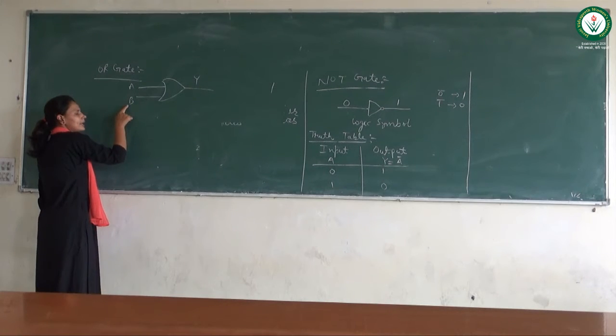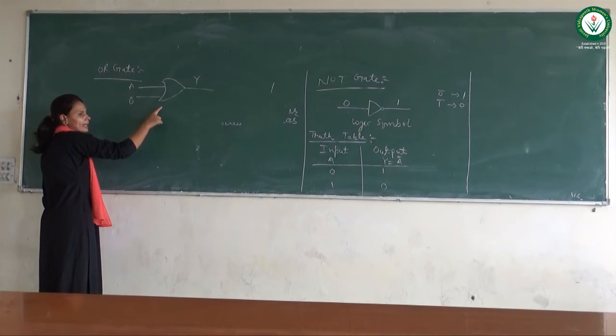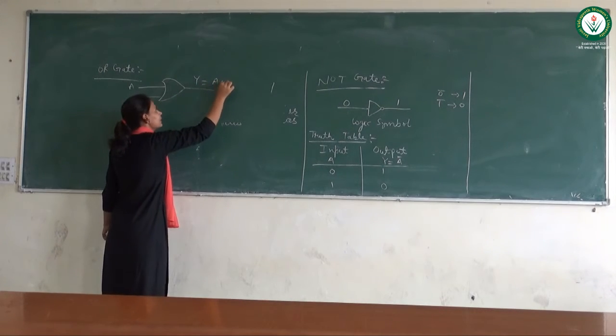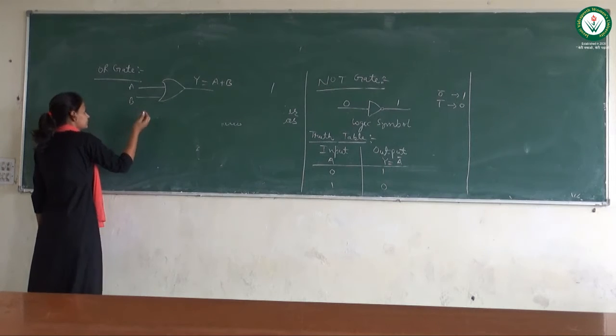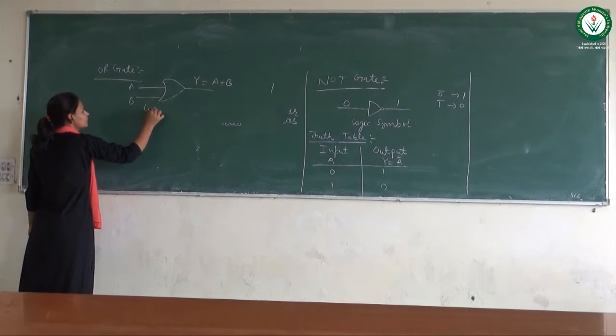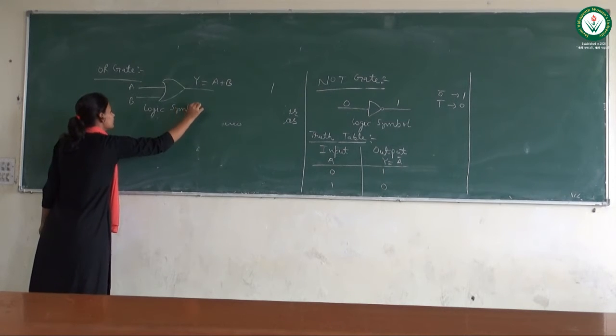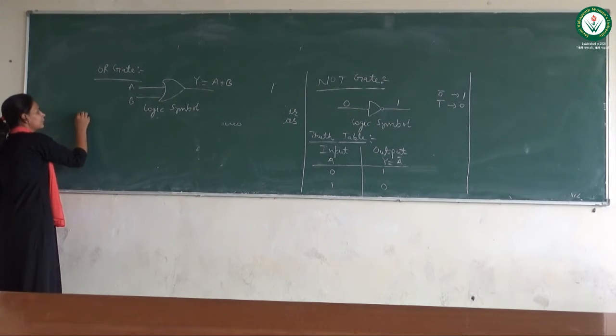If A and B are the inputs of OR gate, then the output of OR gate will be A plus B. Now we will draw the truth table of OR gate.